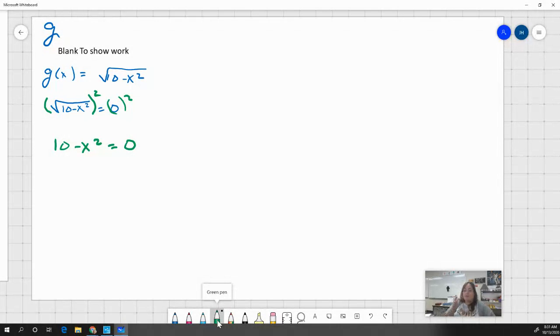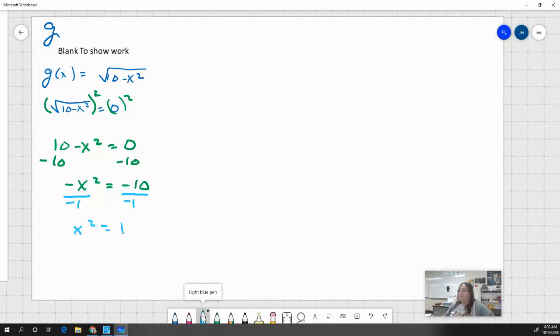And then we can start solving for x. I'm going to subtract 10 from both sides, and I get minus x squared equals -10. I have this -1. All I have to do is divide everything by -1, and it goes away. If I divide this by -1 and I divide this by -1, I get x squared equals +10. But I don't care what x squared equals.